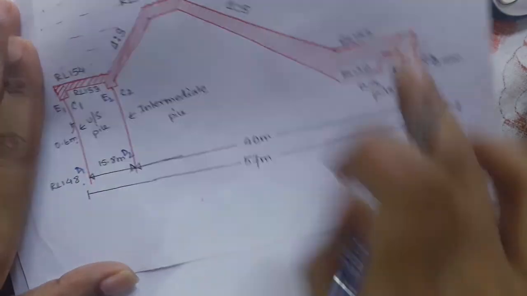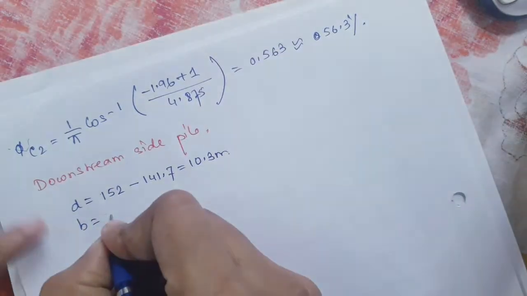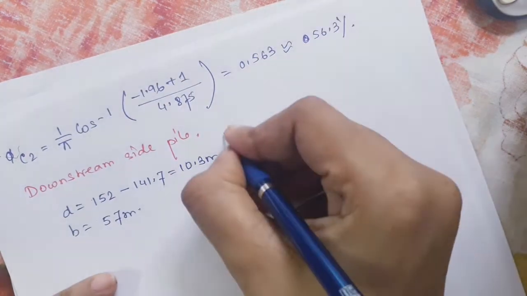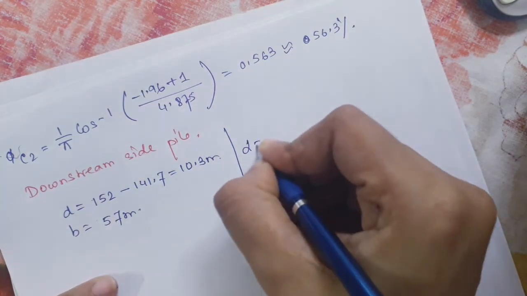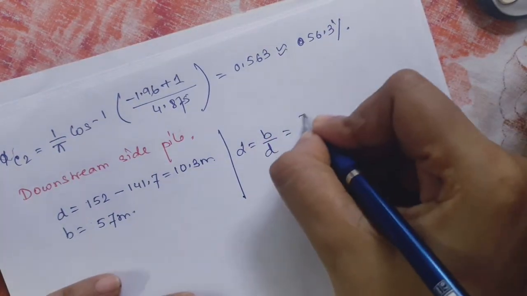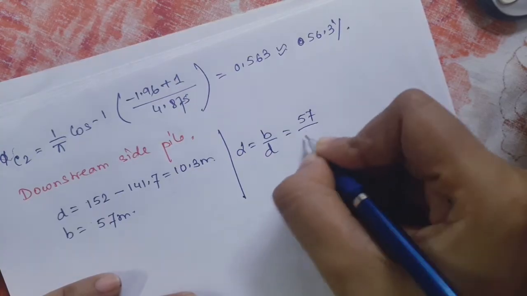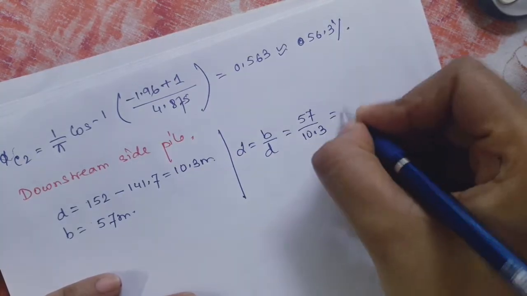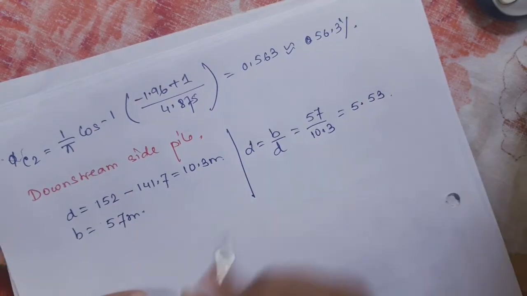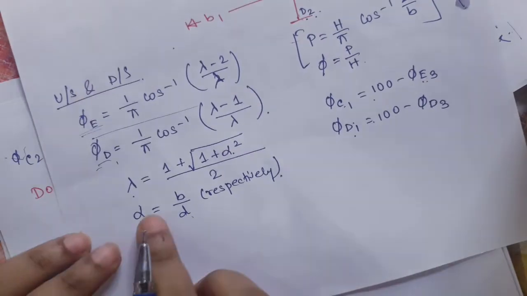And B will remain just the same. This total length will be B, so this is 57 meter. So now we will calculate the value of alpha, which is B by D. Here B is 57 and D is 10.3, so by dividing this we will get 5.53. Okay, so now we know the value of alpha.